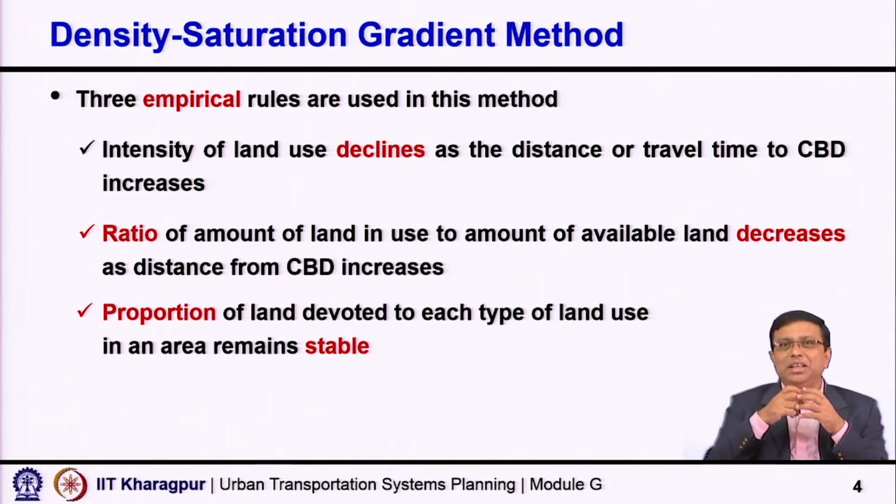This actually indirectly indicates the interdependency of different types of land use. If more residential population is there, you need more schools, more medical facilities, more services, right. So, the proportion of land devoted to each type of land use in an area remains stable.